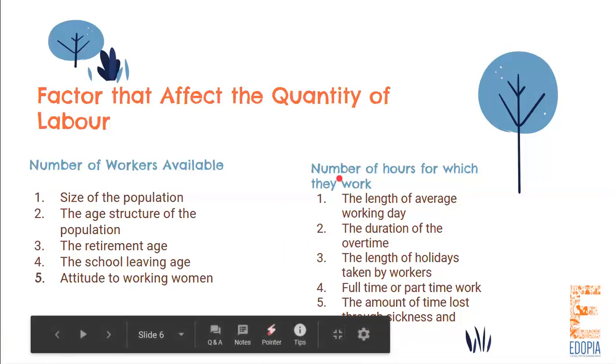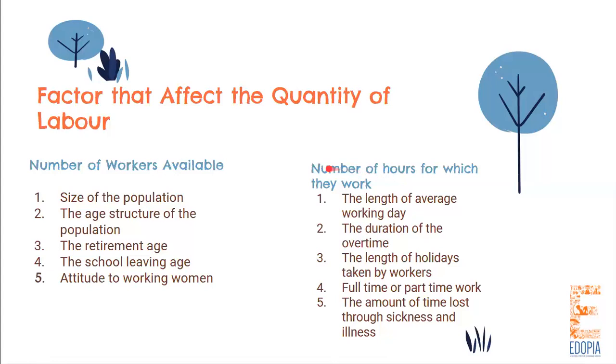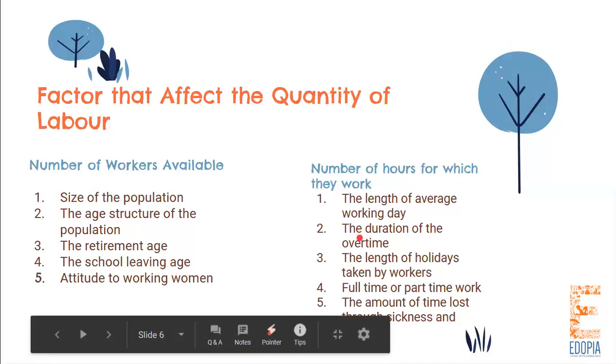Moving on to the second determinant, that is the number of hours for which they work. First we looked at the number of workers available, now we move on to the number of hours for which they work. The first element that impacts the number of hours is the length of the average day, like how long an average day is for which a worker has to work. Then the duration of overtime. Then the length of holidays taken by workers.